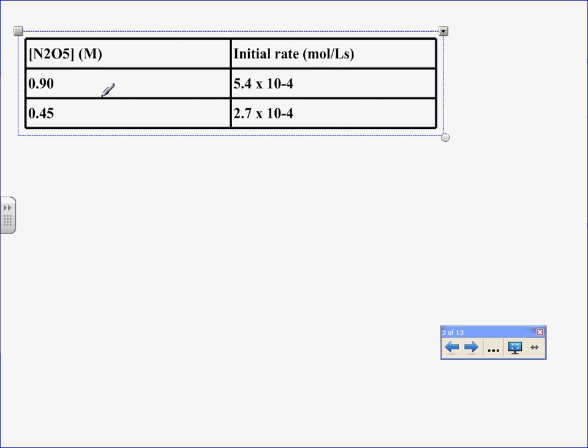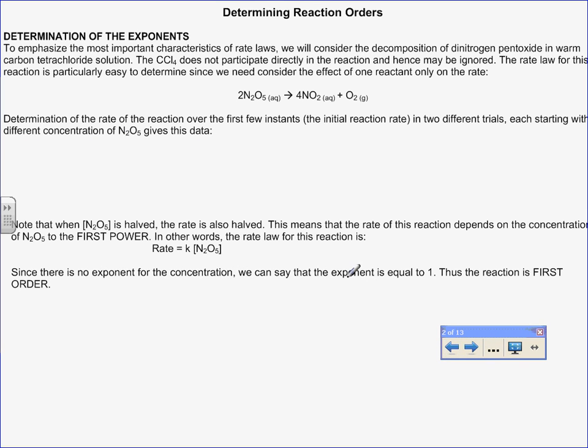Okay, so we need to look at the relationship between the concentration and the rate. We know that the rate in general is equal to k times the concentration of N2O5 raised to some power. So what we're trying to determine with this data is what the exponent is.